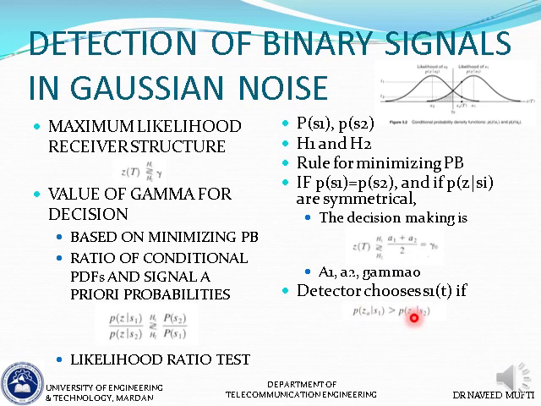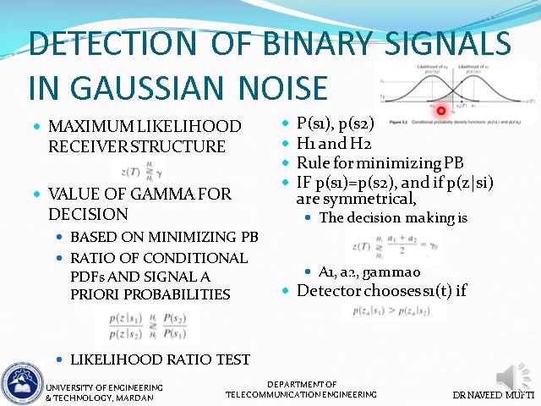We can arrive at it with common sense as well. If you got this sample value here, and you can see that it is closer to this as compared to this, that is a common sense way of making a decision anyway.